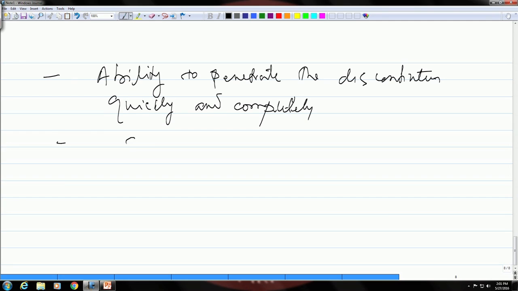Then it should have sufficient brightness so that you get that contrast for the visual inspection. At the end of the process, you have to inspect it. So, you should have sufficient brightness so that you can get that contrast for the inspection. And permanence of color.